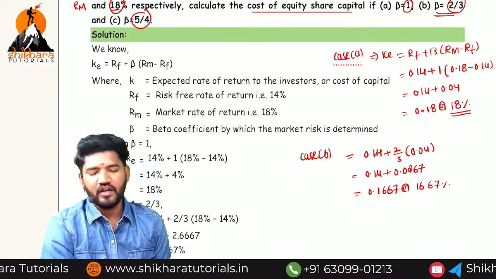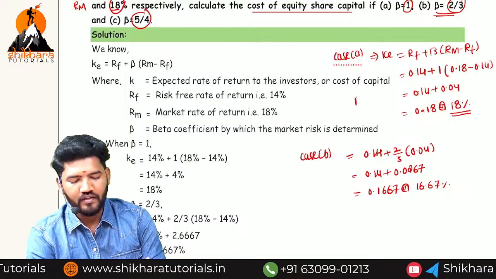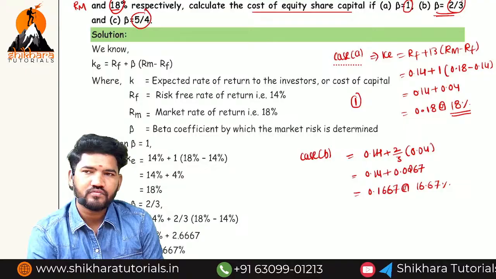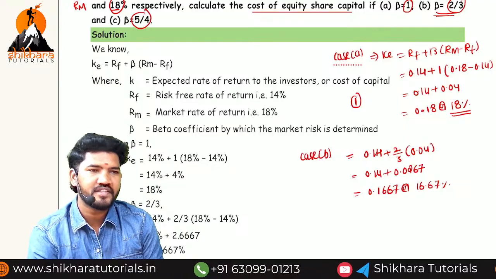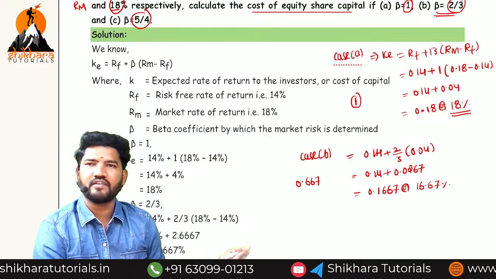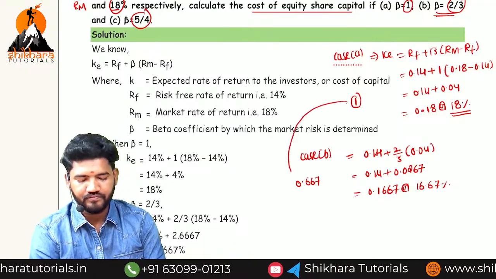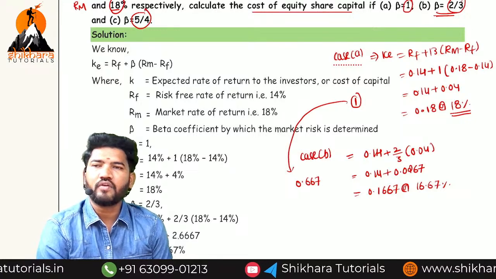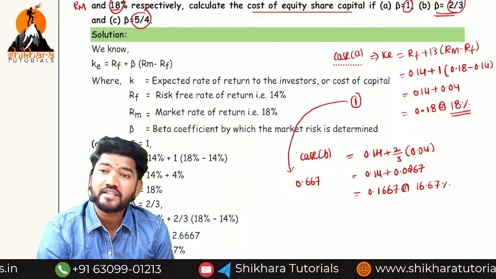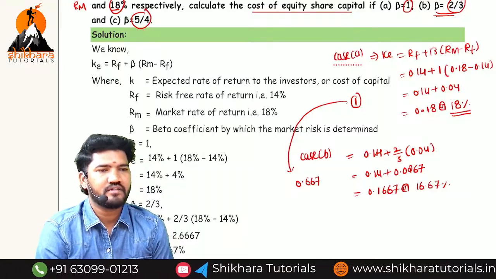Now you can observe, what about beta here? 1. What about beta here? 2/3 means 0.667. Now what happened to beta? Beta decreases. If beta decreases, risk also decreases.